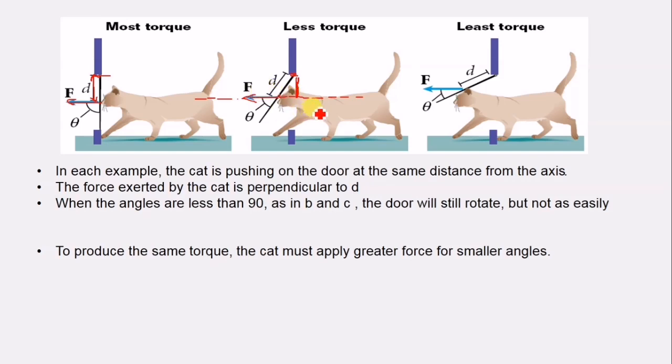You can extend it. So see, this is the distance that we have to put in the equation. This is the lever arm. I said the torque is equal to force times lever arm.